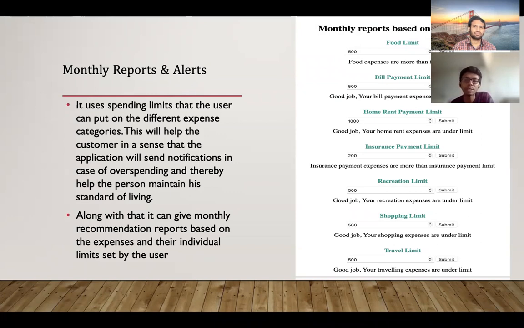Similarly, if he sets his bill payment limit as 500 and his expenses are below that limit, it will show "Good job, your bill payment expenses are under limit." The application will send notifications in case of overspending or underspending and thereby help the person maintain his standard of living. Along with that, it can give monthly recommendation reports based on the expenses and their individual limits set by the user.